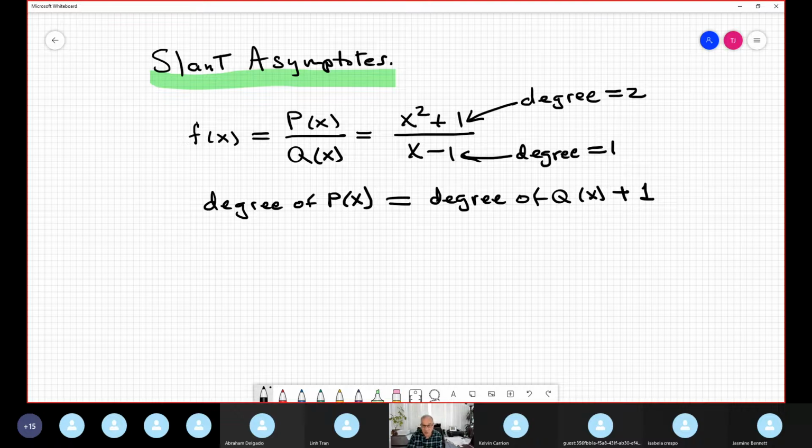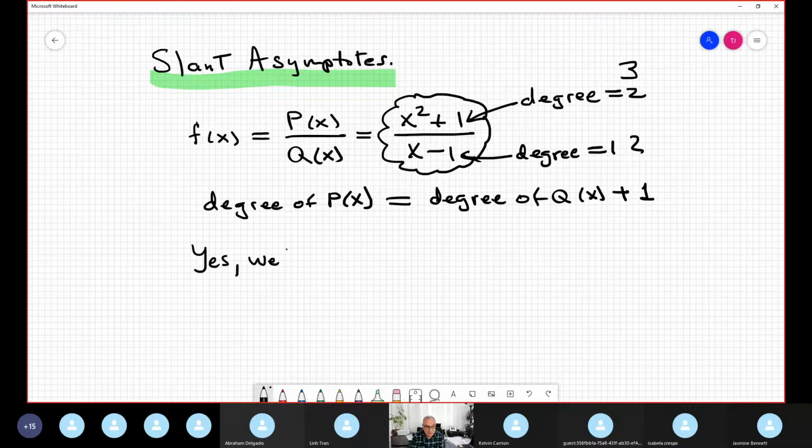No plus 2, no plus 3. Suppose that the degree is 3 and 1. No. Exactly plus 1. Okay, maybe 3 and 2, it's okay, or 2 and 1. When you see this immediately and do an analysis of the degree, I say, yes, we have a slant asymptote.